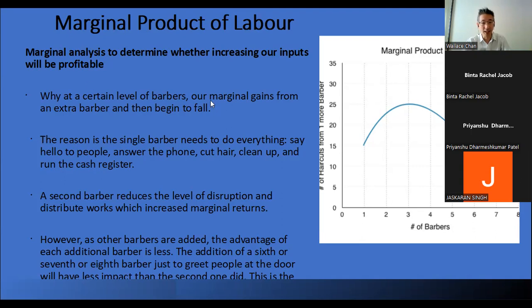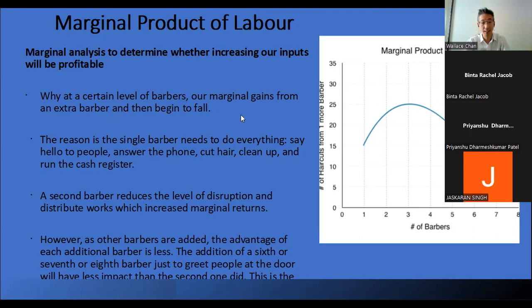Now, if we take a look at what our example has illustrated, when the shop first increased the number of barbers, the marginal product of the additional barber rises. But interestingly, up to a point, the marginal product from the additional barber starts to fall.